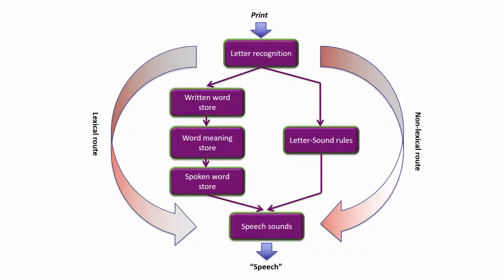So going back to that dual route reading model that we talked about at the beginning, when talking about our chocolate factory example, we only have information of what's going in and what's coming out, and we have to use that information to deduce what's going on inside. What's really great about these tests is that all these different tests tap into different parts of these models, the way we elaborated with the Castles and Coltheart test.